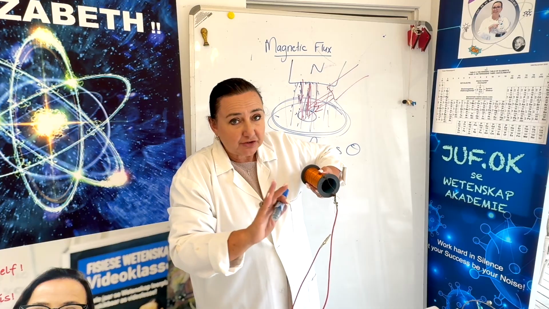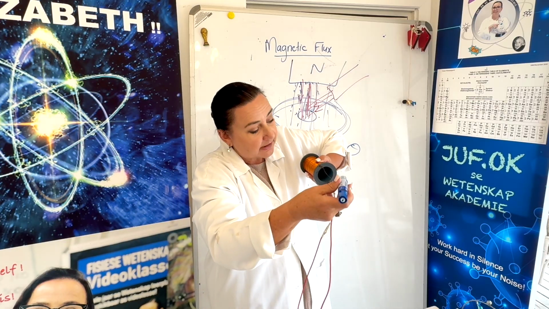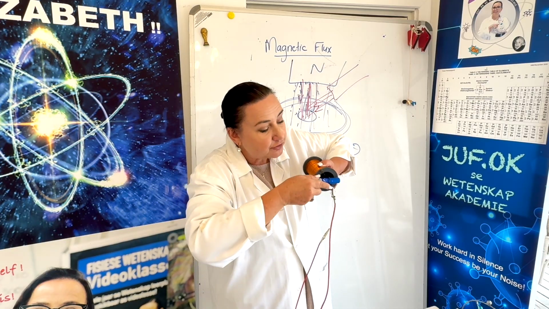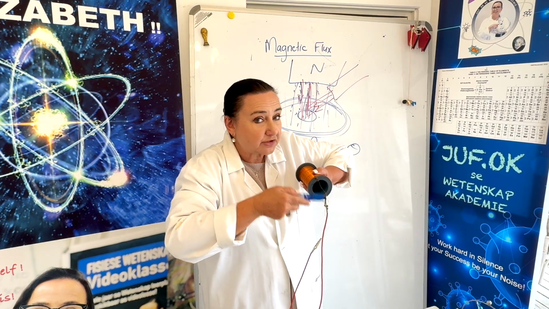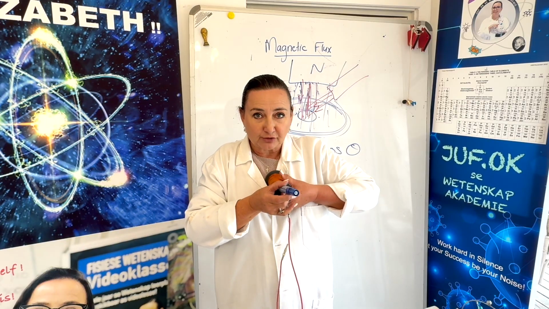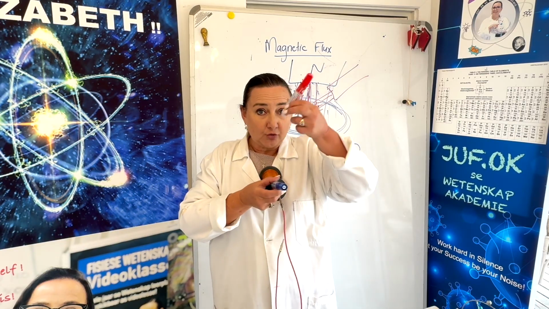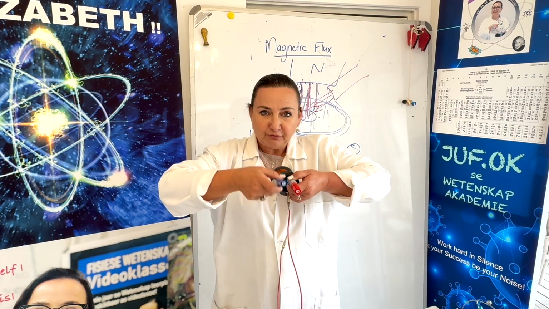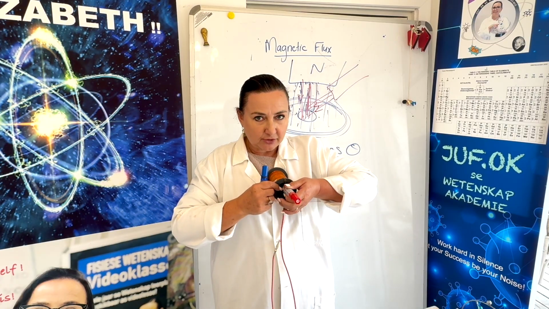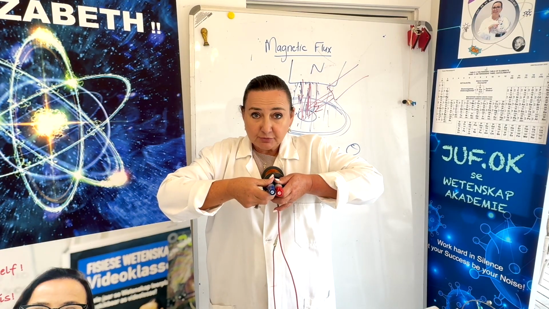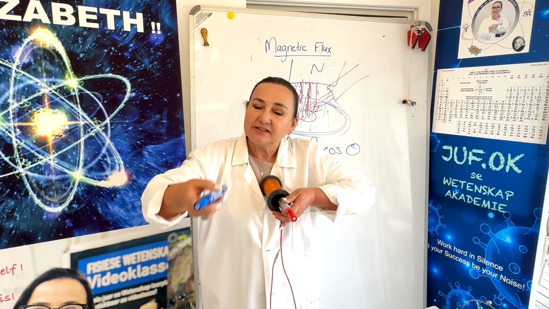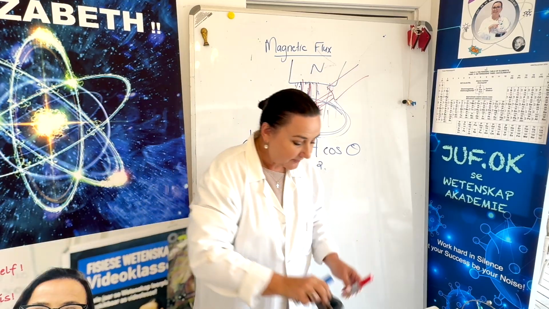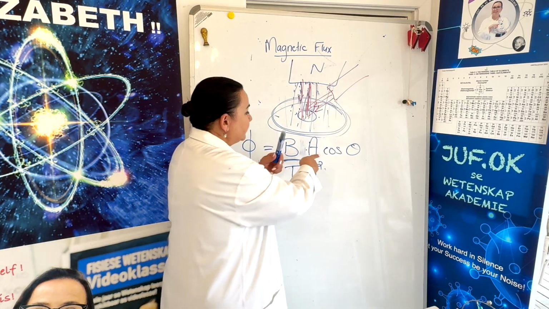The highest magnitude that I can have is if it falls perpendicular to the area. But remember, I'm not looking at that towards the area, I'm looking at the angle with what? With the normal. So if this is my field lines, and this is my normal, what is the angle between the two? 0 degrees. And what is cos 0? It's 1. So you're going to always use 1 here.